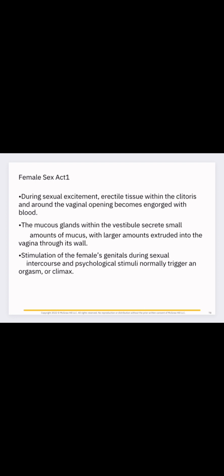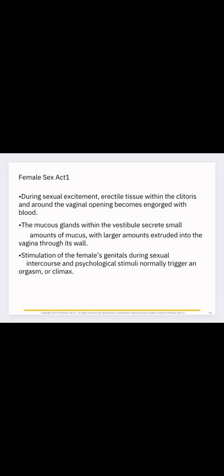The female sex act. During sexual excitement, erectile tissue within the clitoris and around the vaginal opening becomes engorged with blood. The mucous glands within the vestibule secrete a small amount of mucus, with larger amounts extruded into the vagina through its walls.